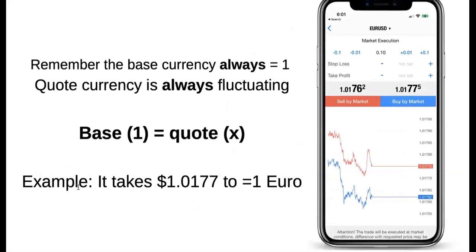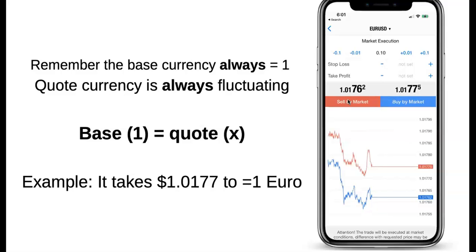So just to show you an example of that, I have a screenshot of what it looks like on MetaTrader 4. If you have not already downloaded MetaTrader 4 on your phone, you definitely want to do that because this is where you're going to be executing your trades. Say for instance, you pulled up MetaTrader 4, you're ready to get in a trade. You're going to do a market execution, which means that whatever the current price is, that's the price you're going with.